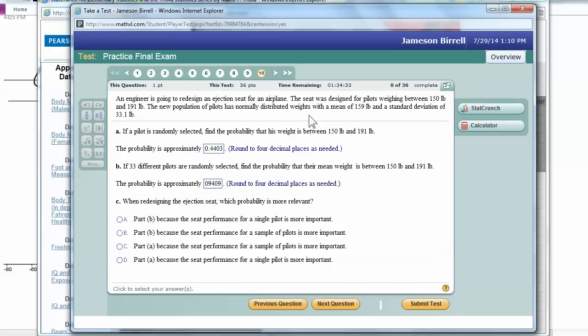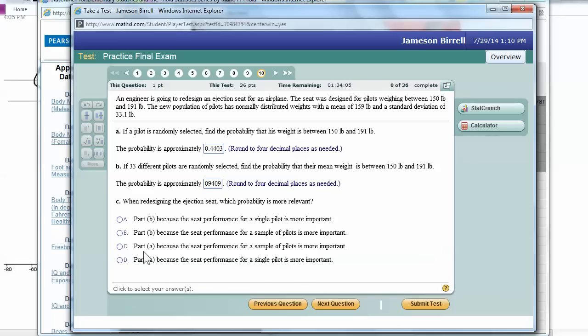We're concerned with one person getting in the plane and determining how many people are going to be able to fit that category of weight. Do we have to make an adjustment? Do we have to redesign this plane because people's body sizes have changed? Or are we good? And so I would say that the seat performance for a single pilot is more important.